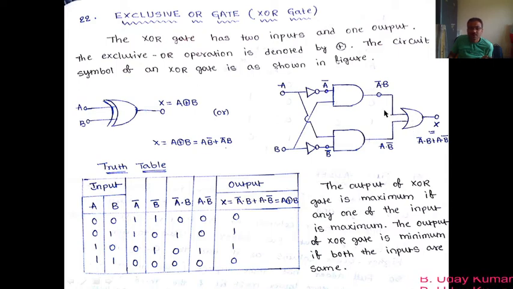For example, if I take this A B bar as C and this A bar B as D, and the output as X, I get the inputs as C and D.